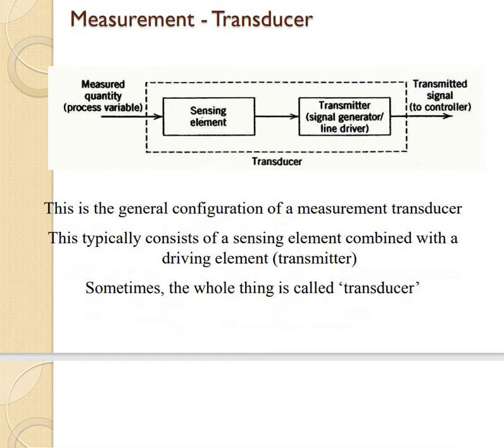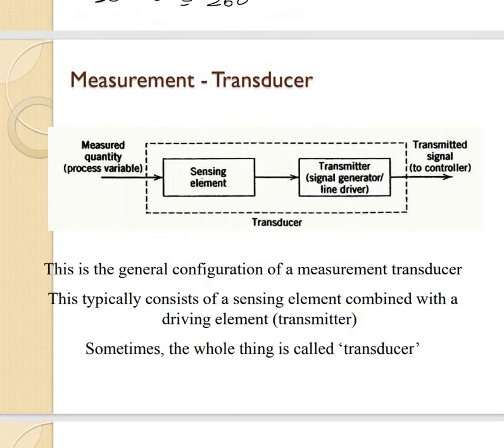So we have a transducer. Basically, just now the transmitter received input from the sensor, right? For a transducer, inside it has both sensor and transmitter all in one together.